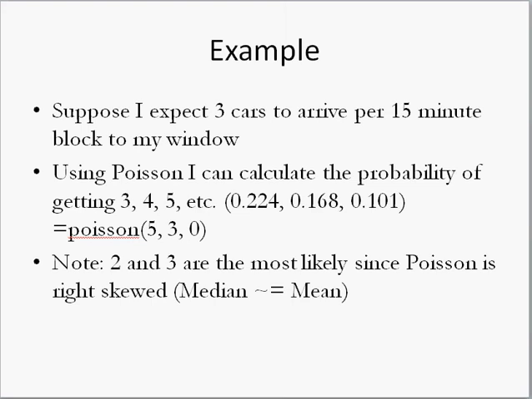So let's suppose I expect 3 cars to arrive per 15-minute block to a drive-through window. So my average arrivals is 3. And notice this would be something you would estimate from historical experience. And that's true of all Poisson processes. You need to know the average amount of events in your window of interest.